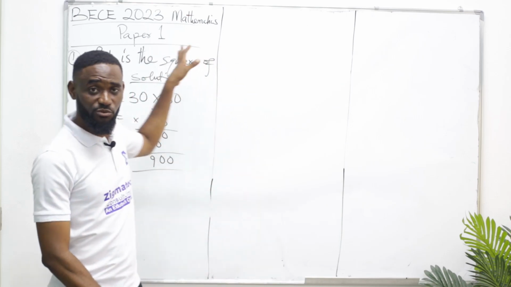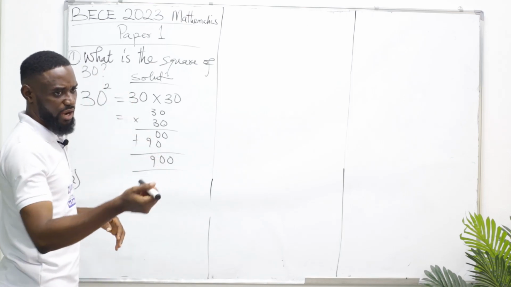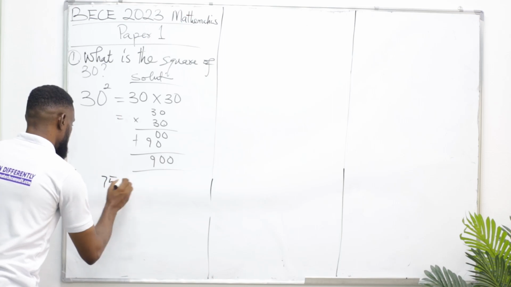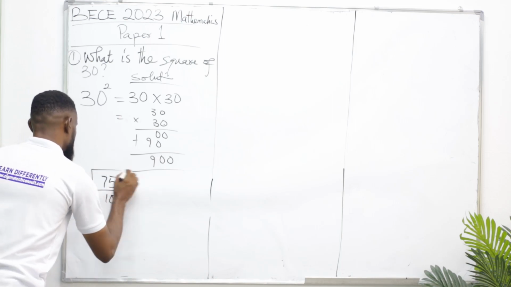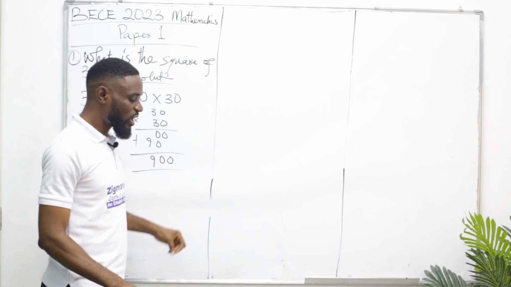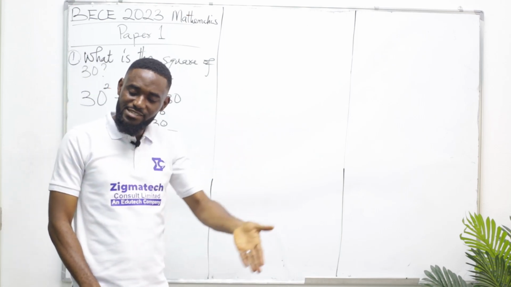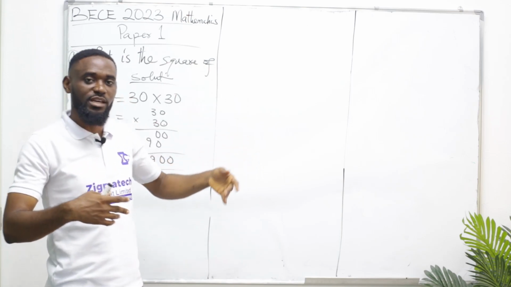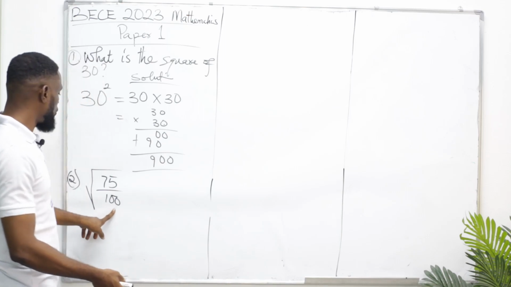The first question we did was on square, now it is square root. So we're going to do 75 over 300, all in a very big square root like this. Now, the square root of any number will give us an answer that, when we multiply that answer by itself, gives us that number.